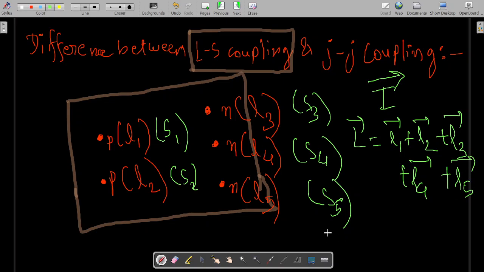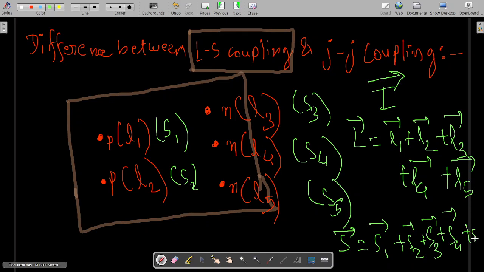And the S vector will be S1 vector plus S2 vector plus S3 vector plus S4 vector plus S5 vector. So this is your S vector.